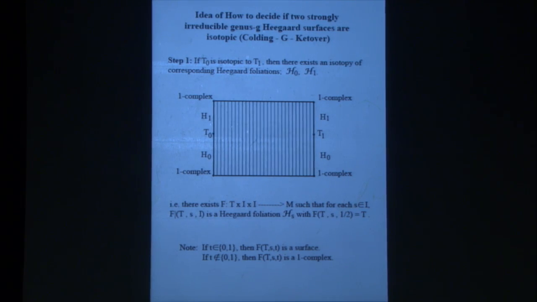So yes? Are you picturing the one complex as set-wise fixed? No, the one complex is actually moving along by sliding. You're allowed to slide edges over vertices. Just the usual thing, right?